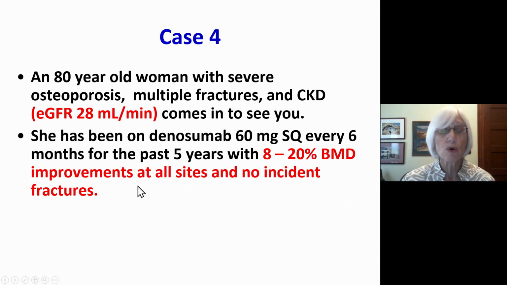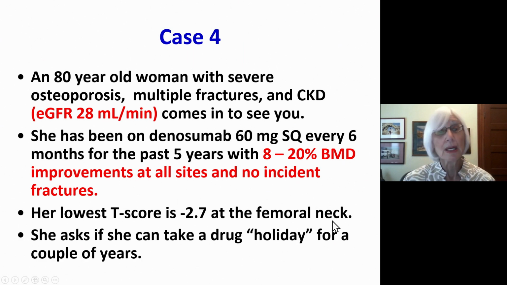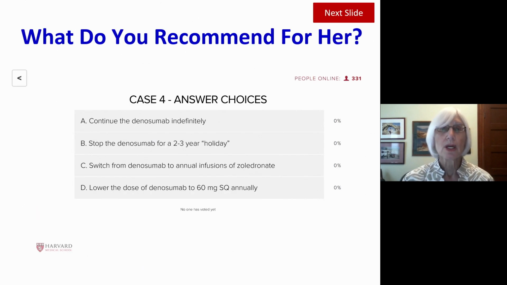She's had no more fractures. She's really done well on this. Her lowest T-score remains in the osteoporotic range at the femoral neck, minus 2.7, but she hears about drug holidays and asks if she can have a drug holiday for 1 or 2 years. So what do you recommend for this patient?